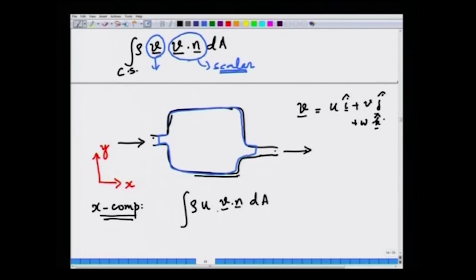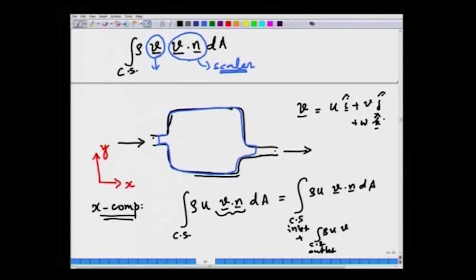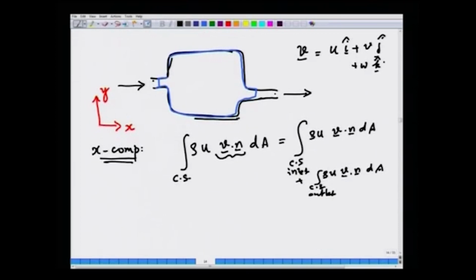Okay. Now, this is over all the control surfaces, so it is the integral of rho u V dot n over the inlet plus the integral over the outlet, dA.